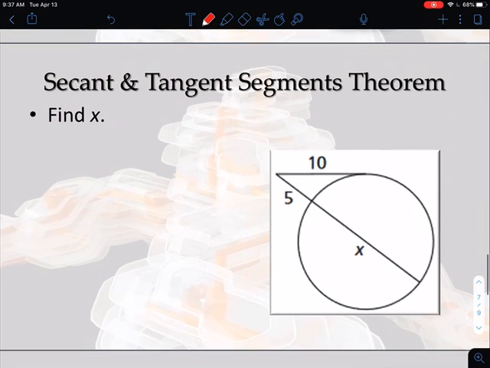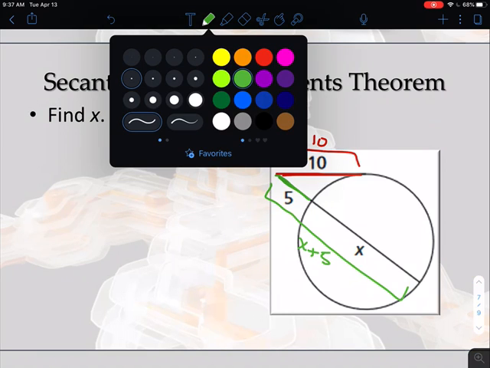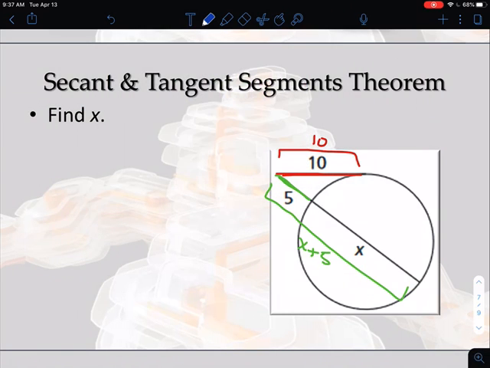And so now if I look at an example with that, as we look at this picture here, 10 is the outside portion, the whole length is also 10 because it's a tangent line. As I look at the other secant line, outside portion is 5, the whole length would be x plus 5. So I'm doing outside times whole equals outside times whole.